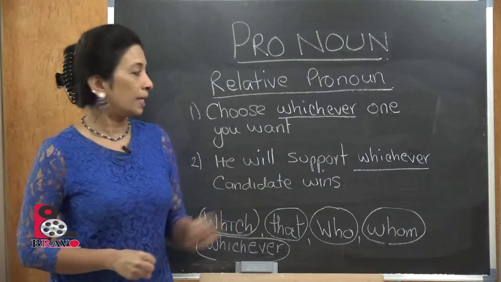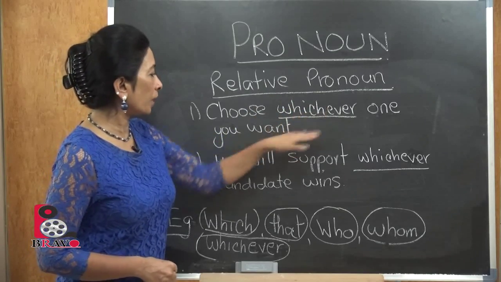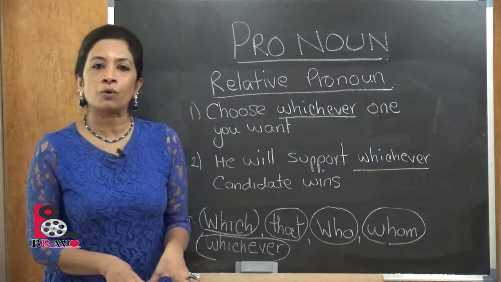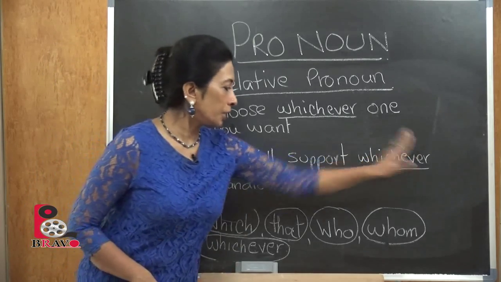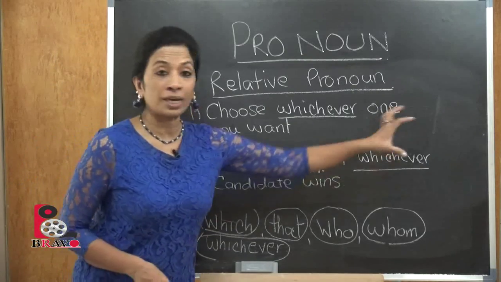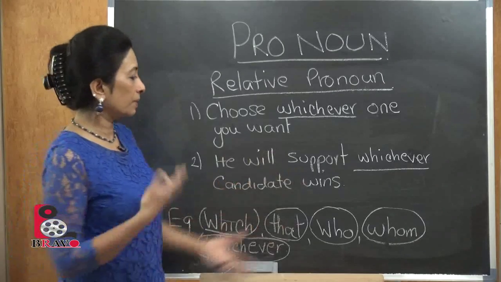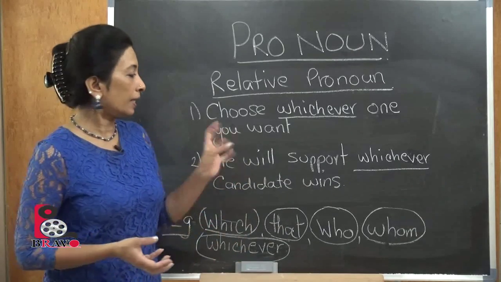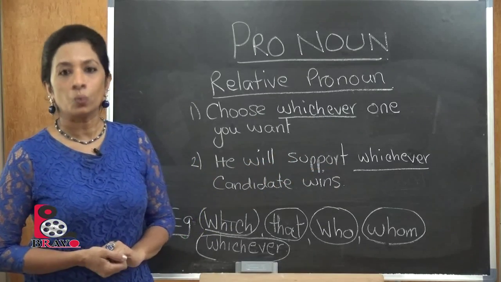The moment I change it to whichever, it means there are many to choose from, right? The same here, he will support which candidate wins. But when you say whichever candidate wins, that means there are many candidates having a competition, and he will support whichever candidate wins.